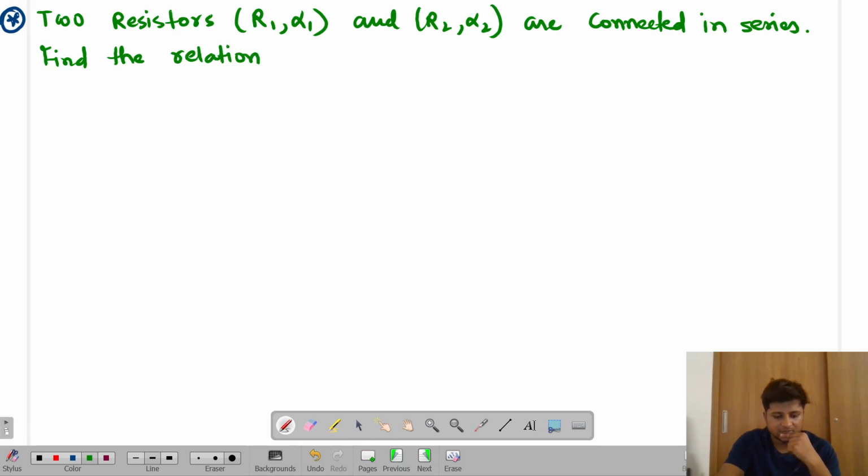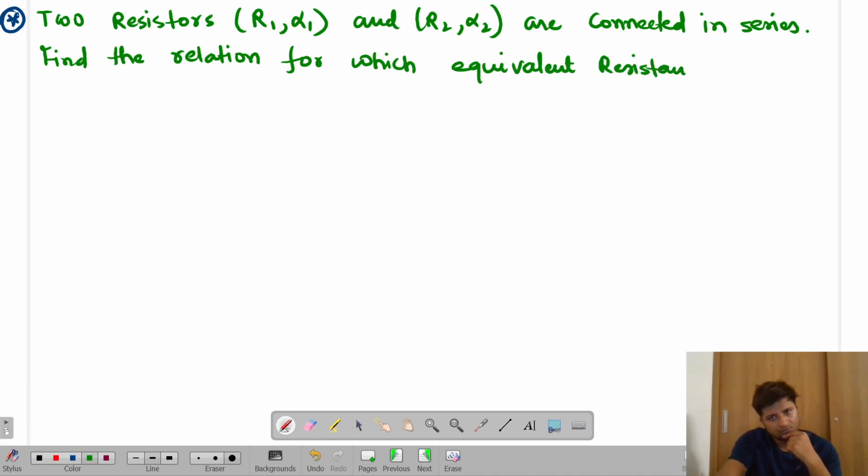Find the relation for which the equivalent resistance does not change with temperature.